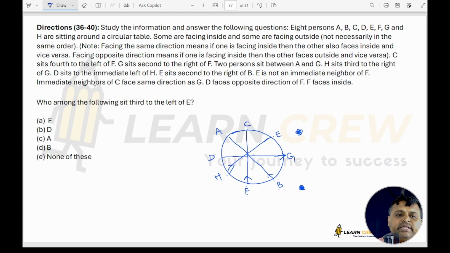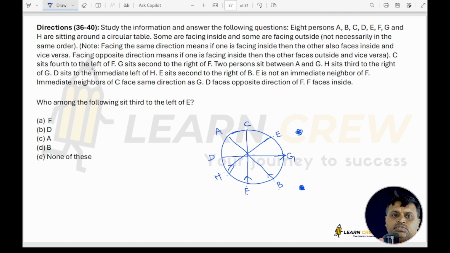Now the immediate neighbors of C face the same direction. What is given here? E is second to the right of B, and E is not an immediate neighbor of F. There are 8 persons; some are facing north, some are facing south.